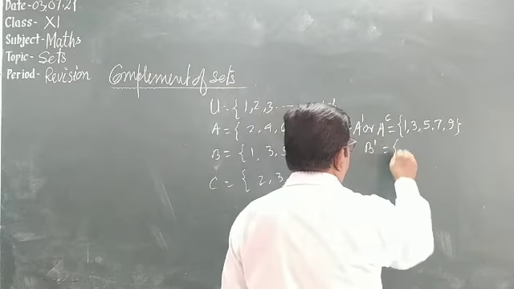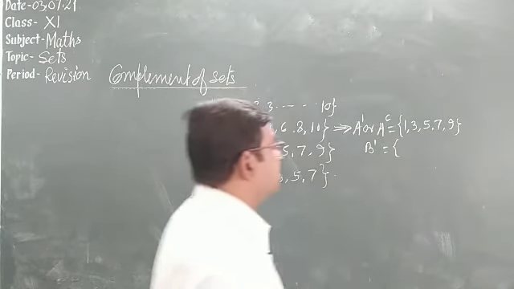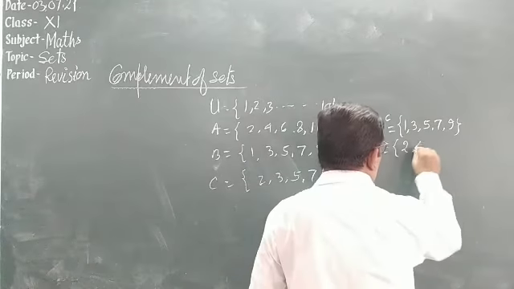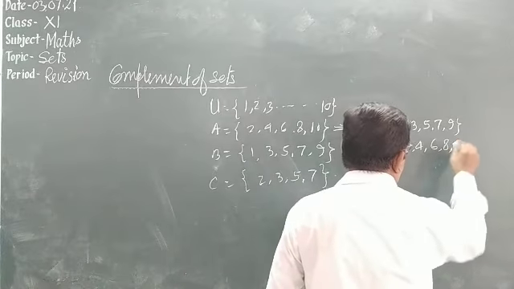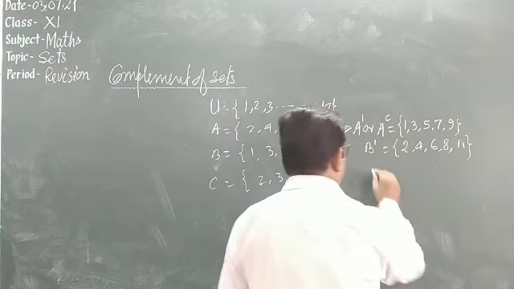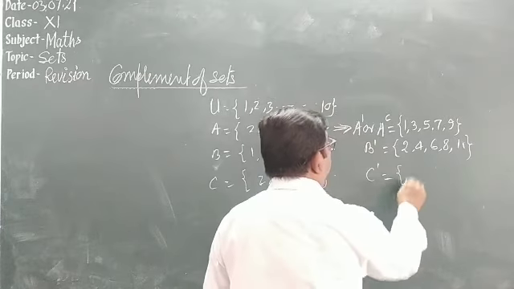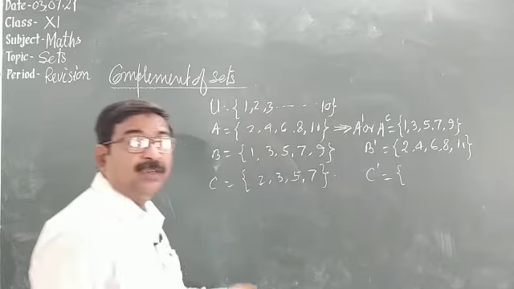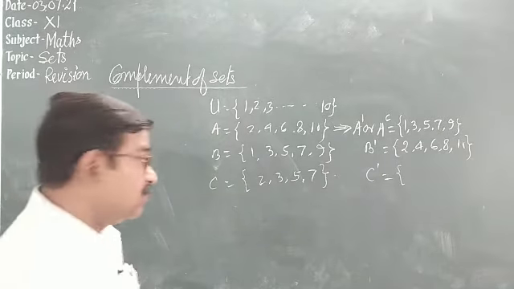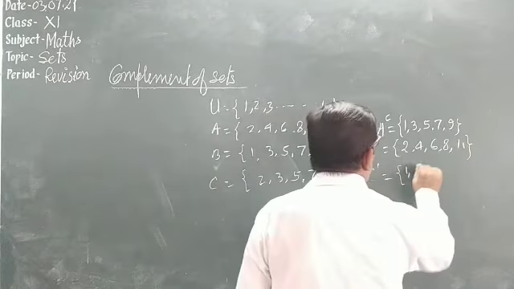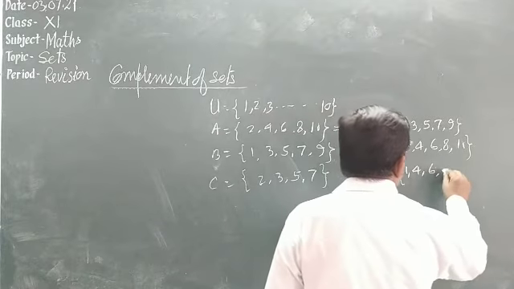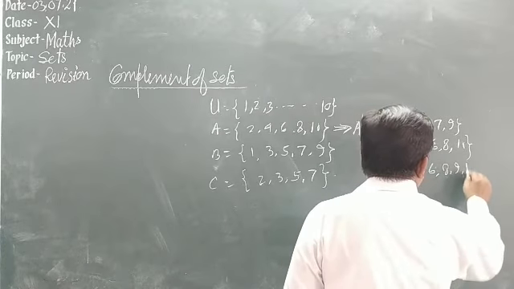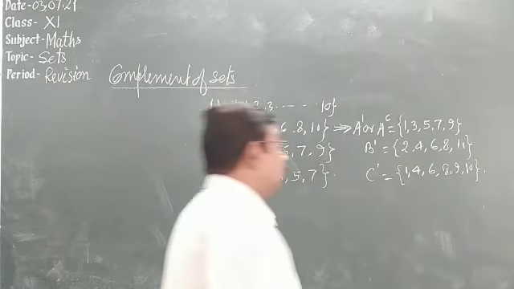B dash: we have all odd natural numbers removed, so we have 2, 4, 6, 8, 10. We have C dash: these are prime numbers, so 1 and all other composite numbers will be left. We have 1, 4, 6, 8, 9, 10. These are C dash.